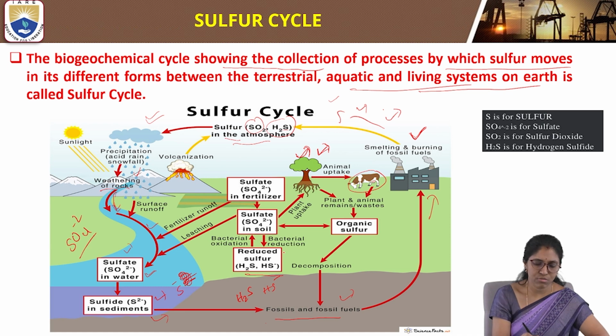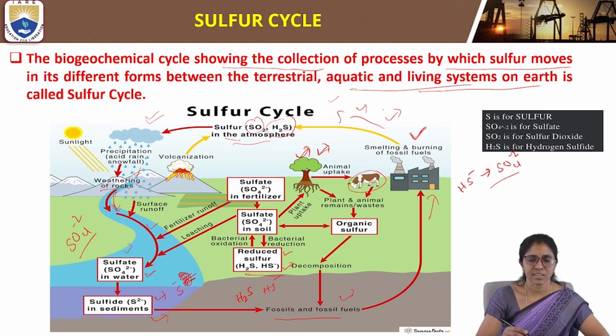In this reduced sulfur, HS minus is converted into SO4 minus 2 by oxidation. So that is the sulfate ion.